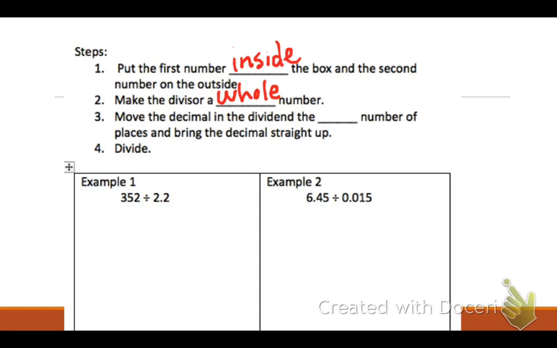So I'm going to show you what happens if there is a decimal and what to do, which is basically step 3. You move the decimal in the dividend the same number of places, and then you bring the decimal straight up, and then you divide.